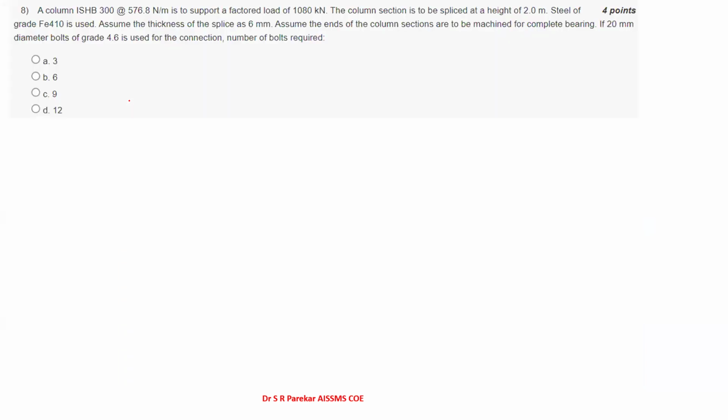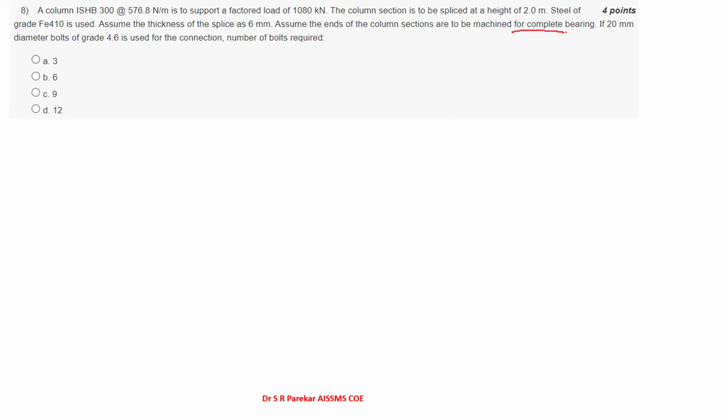A column ISHB 300 at 576.8 Newton per meter is to support factored load 1080 kilonewton. The column section is to be spliced at a height of 2 meter. Then assume thickness 6 mm. Assume the ends to be machined for complete bearing. So this is most important, that is given for complete bearing.